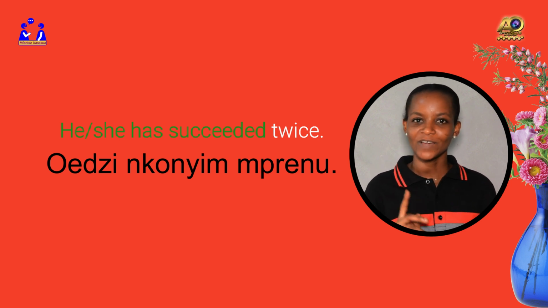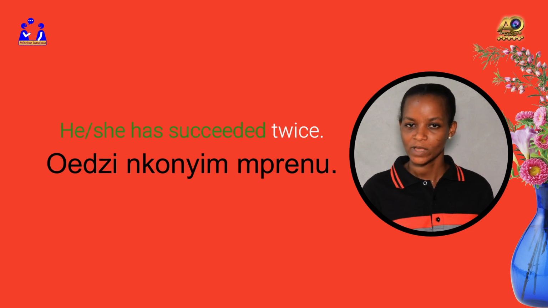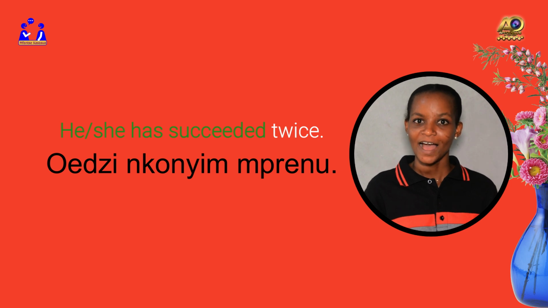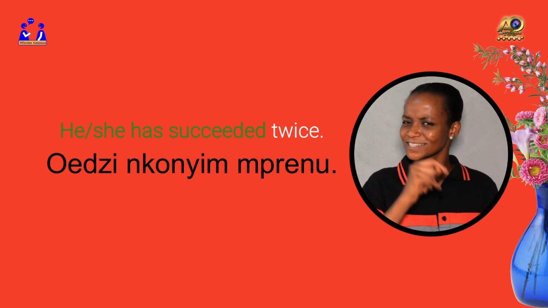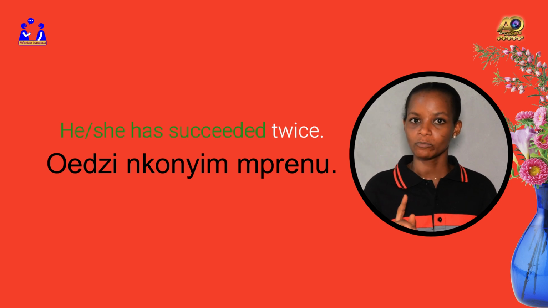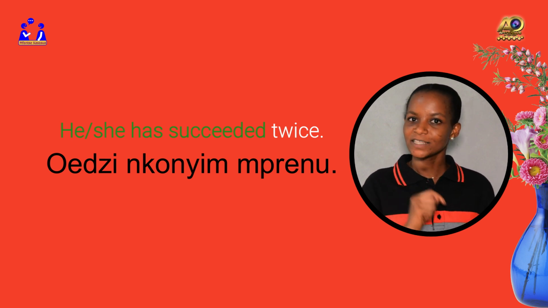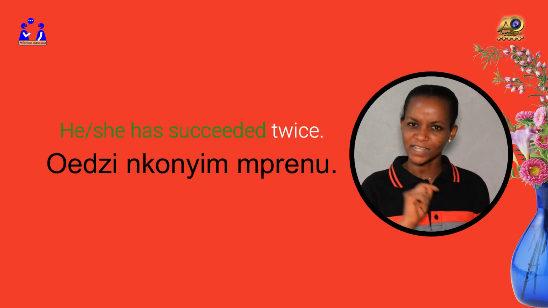So, the adverb there is mprenu. It's telling us how the boy or the girl has succeeded. The pronoun he or she in Fante is or. Let's move on to the next sentence.